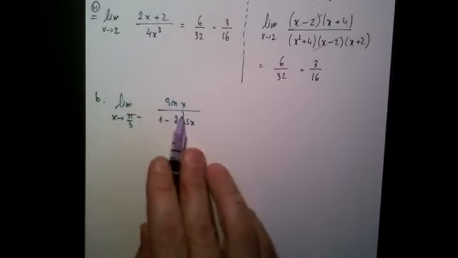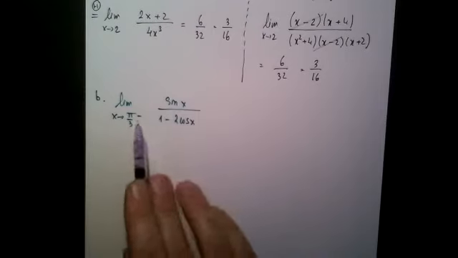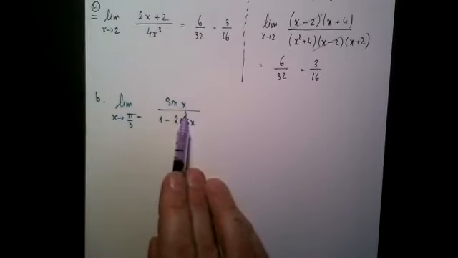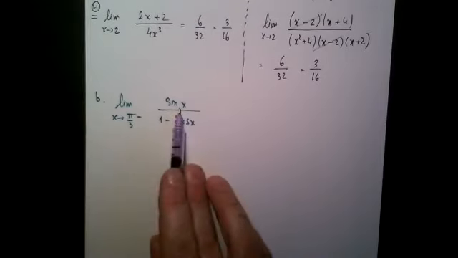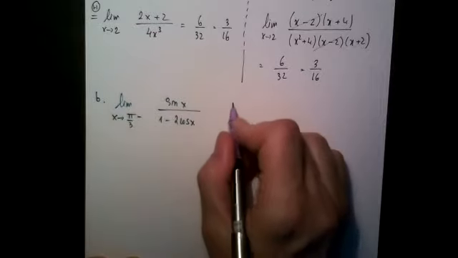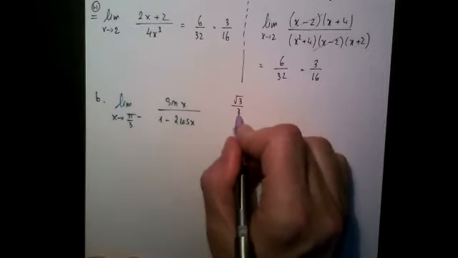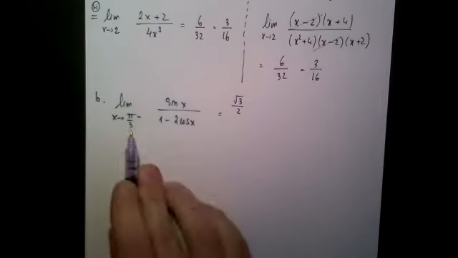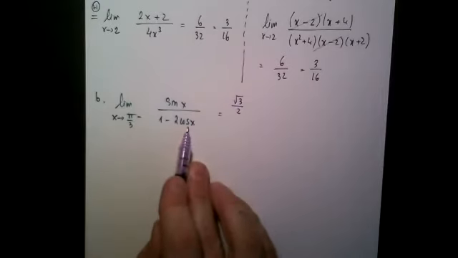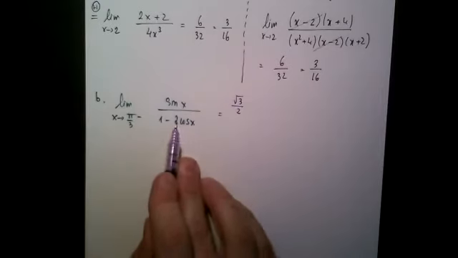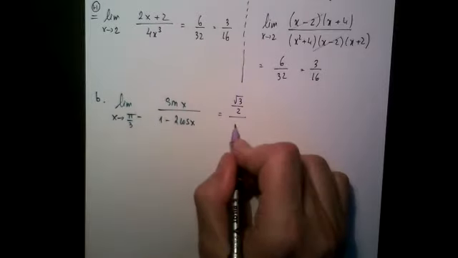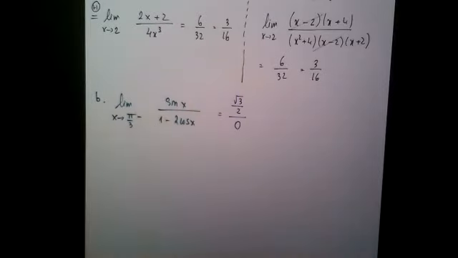Plug in pi over 3. Sine of pi over 3, so pi over 3 is 60 degrees. Sine of 60 is square root of 3 over 2. And then the cos of 60 degrees is a half. A half times 2 is 1. 1 minus 1 is 0. So I get root 3 over 2 over 0.